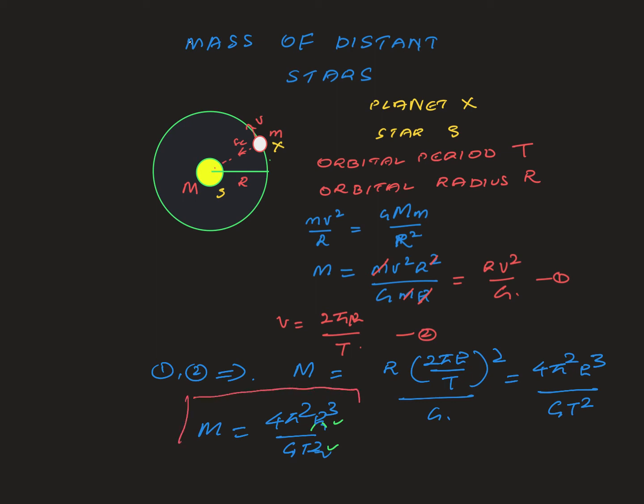And this is quite practical, because if you want to find the mass of a distant star, not the sun, something far away, we find a planet that is orbiting that particular star, find out how far that planet is from the star, and also how long it takes for that planet to orbit the star. Those are the two things we need to find the mass of the star, which is amazing.